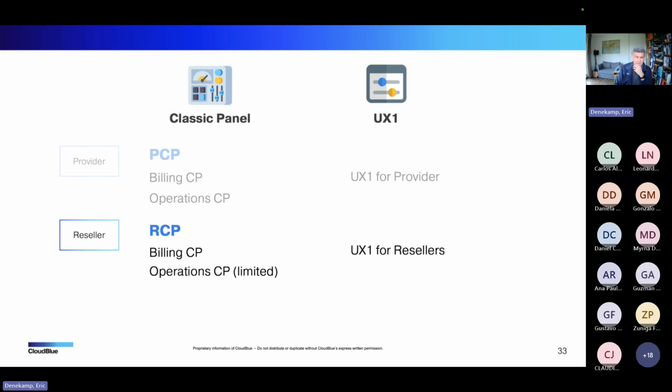And the last one, I have to make amends to this one because this is not true anymore. Because in version 21, oh, that's not good. I don't want that in blue. I want that in red to make it more clear. We don't have a version 1, a classic panel for customers anymore.